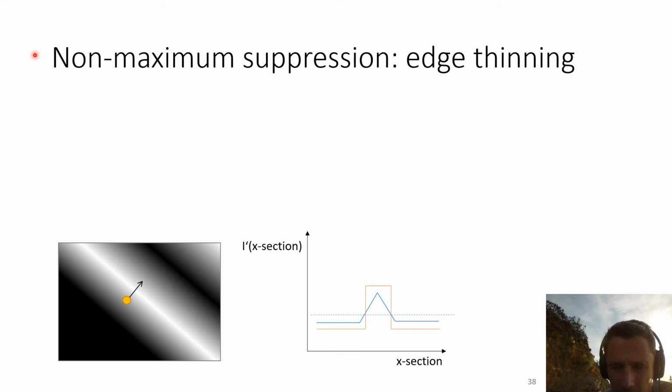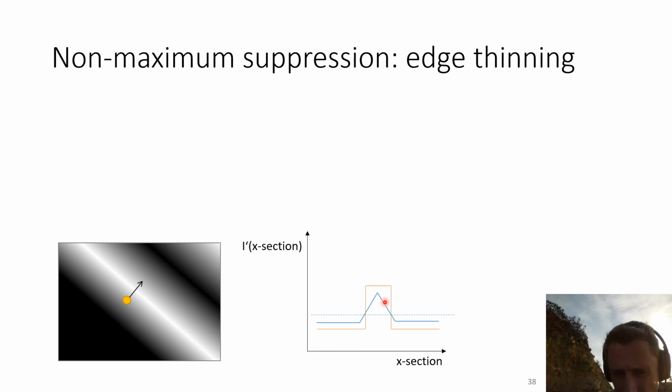Okay, so the first step here is now to create edges that are thin, that are exactly on the edge, and not ones that are off the edge. Look at this image here. We have a thick line, and if we look at one cross section of this, it may look like that.